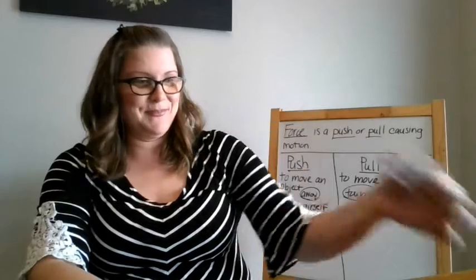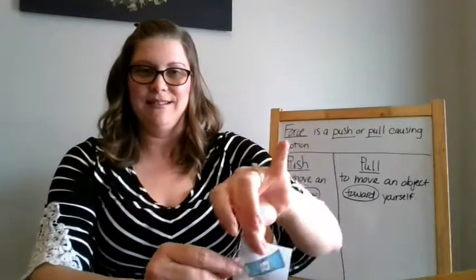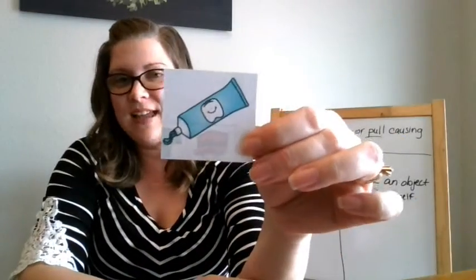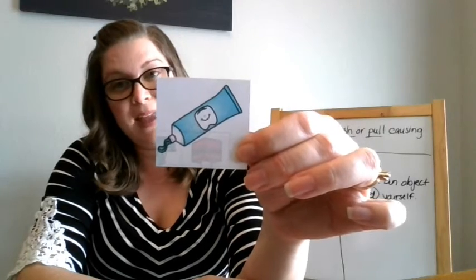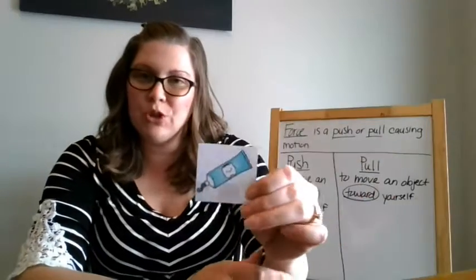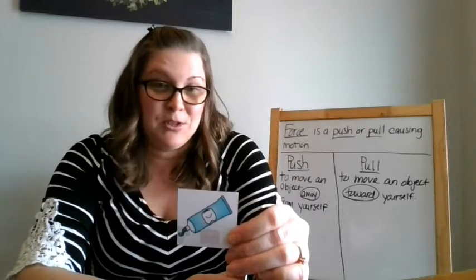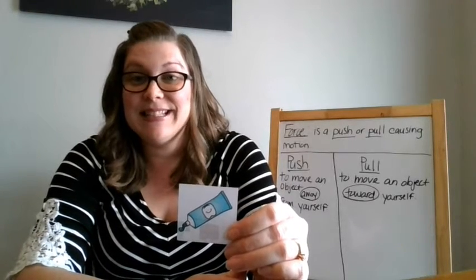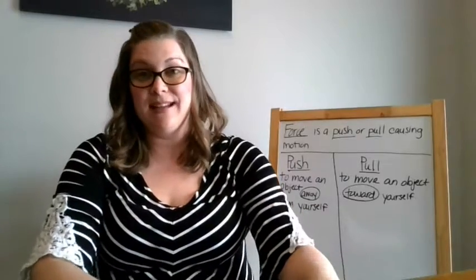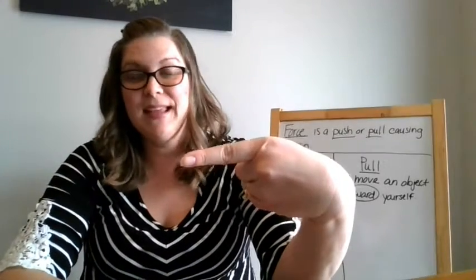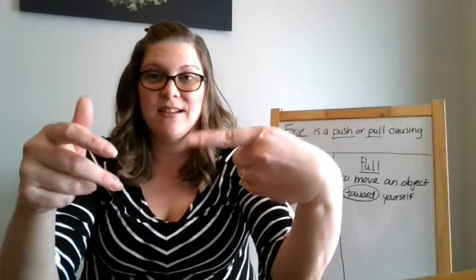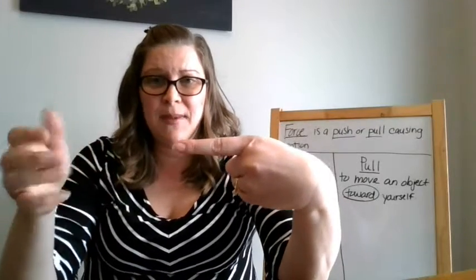All right. Next one is a picture of a tube of toothpaste. What do you do when you use a tube of toothpaste? Let's think about it. Let's pretend that we have our toothbrush, okay? And we have a tube of toothpaste. And we need to get that toothpaste on our toothbrush.